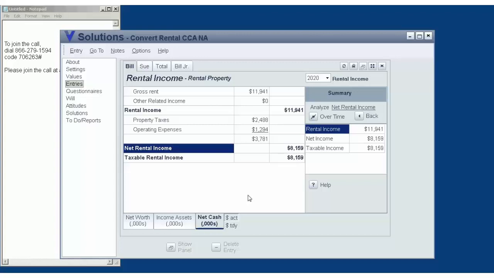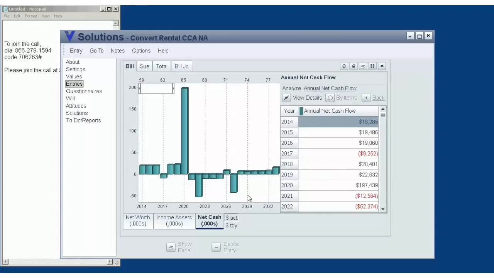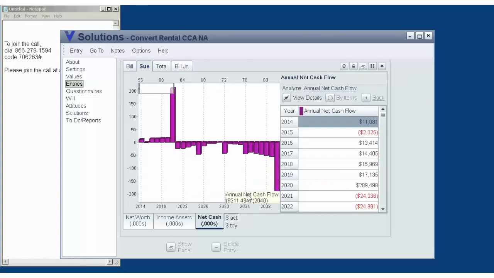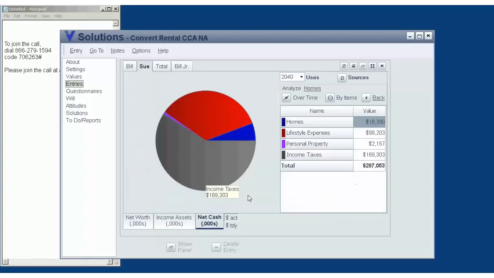So if we have a look at Stu's output, what we see is that the capital gain on the rental property, even though we're converting it in 2020, is not actually payable until Stu's death in 2040.